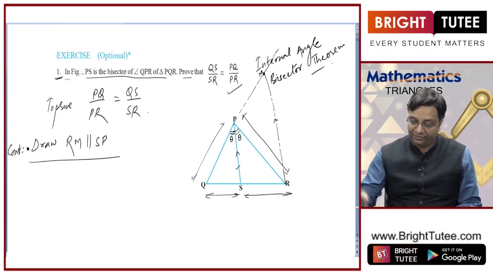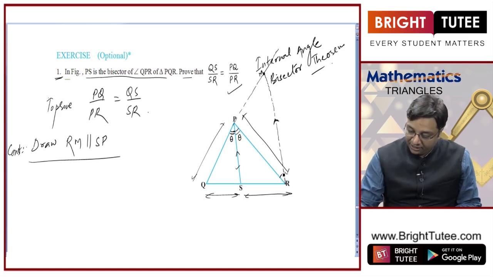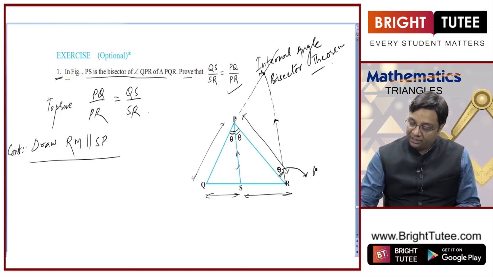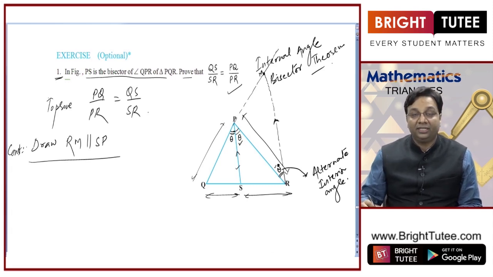Now look at the figure. If these two lines are parallel and PR is transversal, then what will be this angle? This angle will also be theta because it is an alternate interior angle. These angles are alternate interior angles, so they are equal.